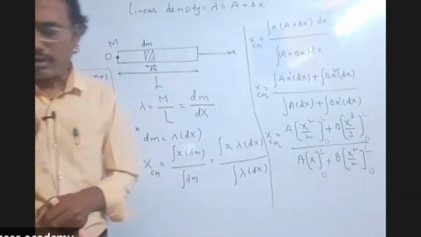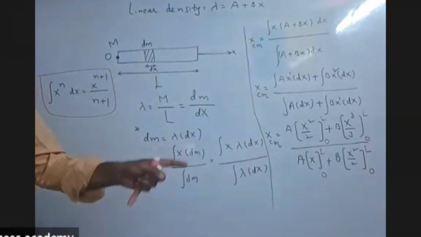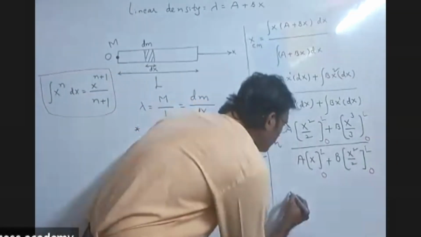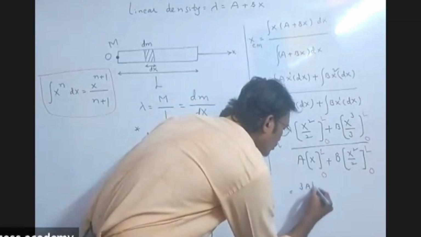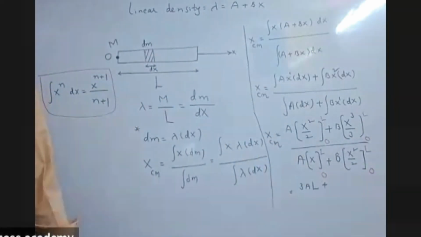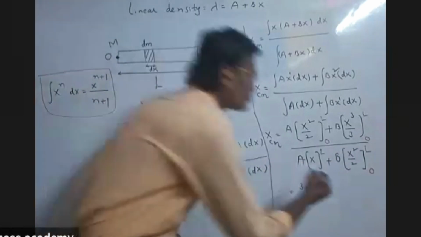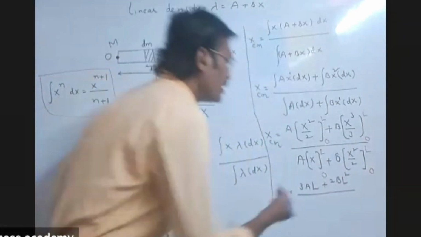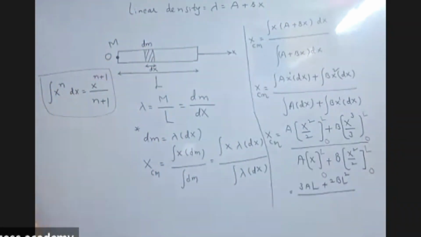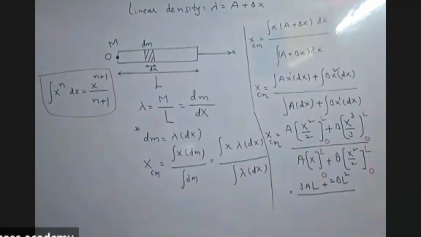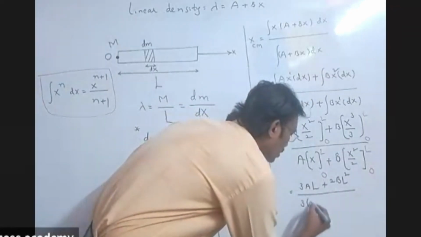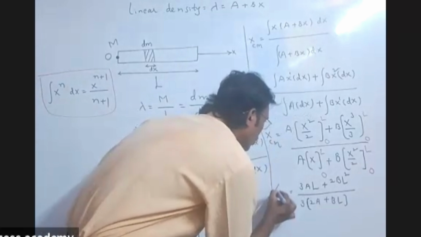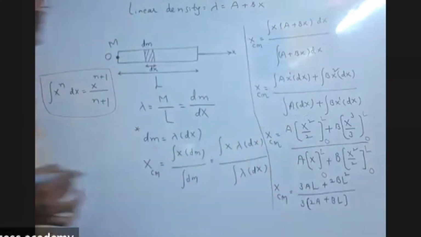Now here that value is, if you solve that, then you will get the value as 3al plus 2bl square by 3 into 2a plus bl. You will get this. Like that, we need to solve this type of concept.